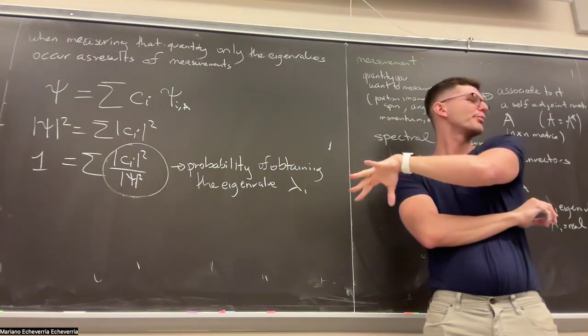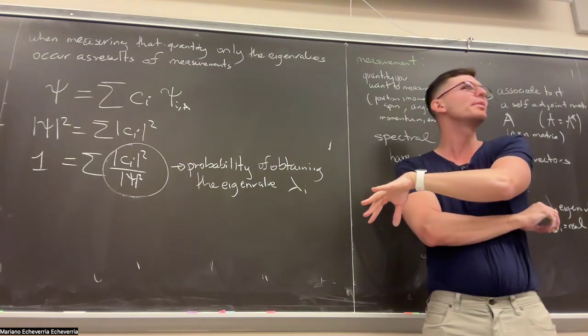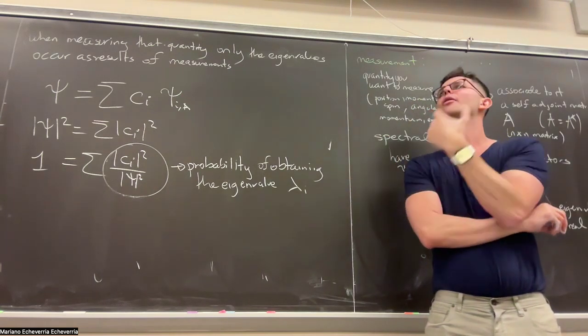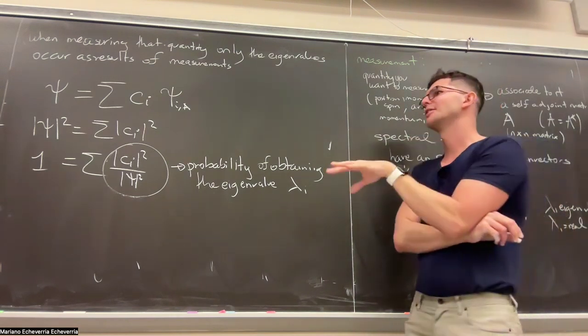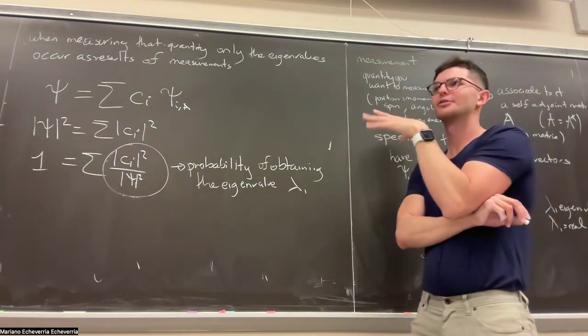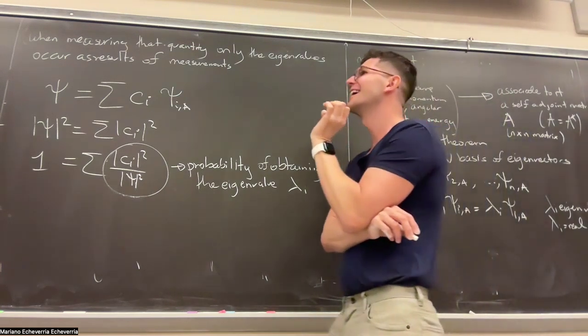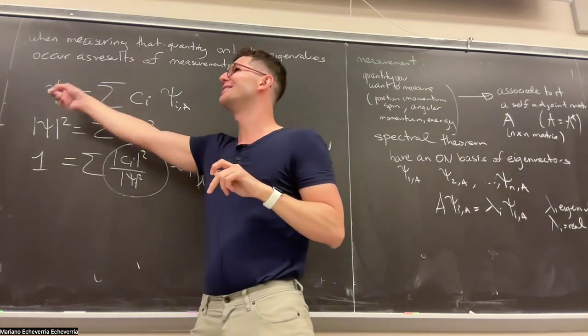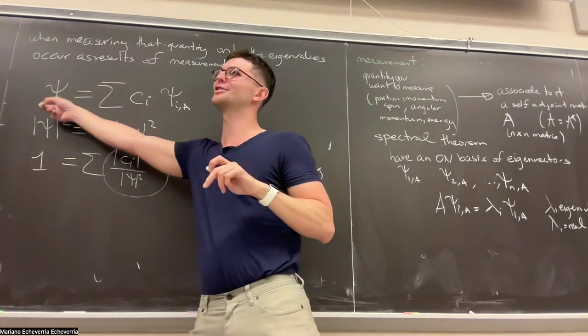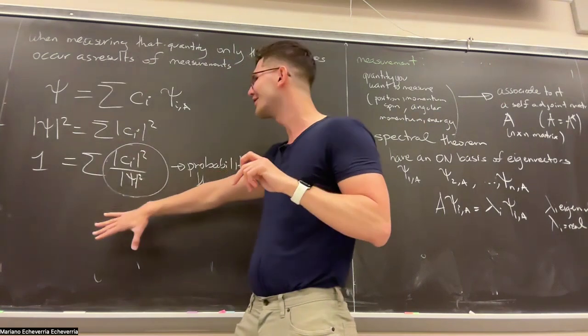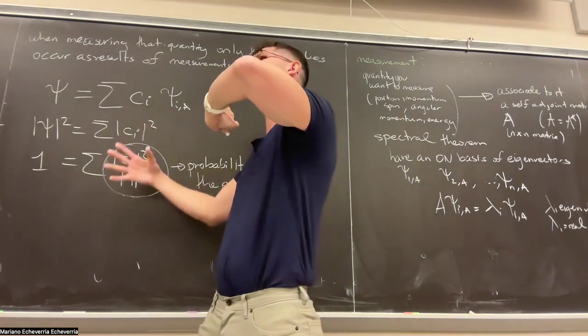This is where the controversial part starts getting in. Again, not to get into the weeds, because I'm just telling you a very quick picture of everything. But you shouldn't think that the vector had one of those eigenvalues to begin with. It's really only after measurement that you find one of the eigenvalues.